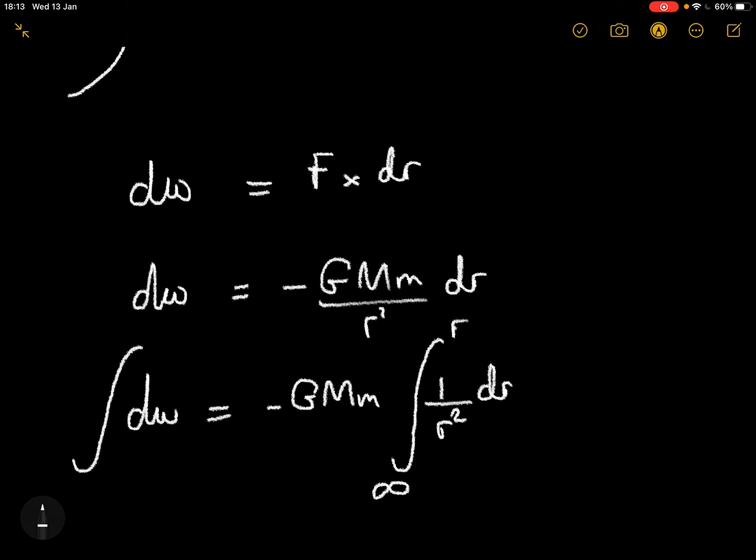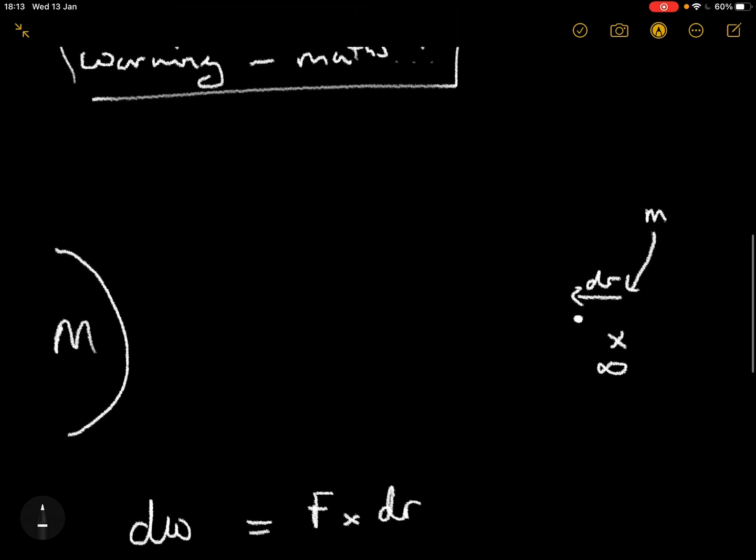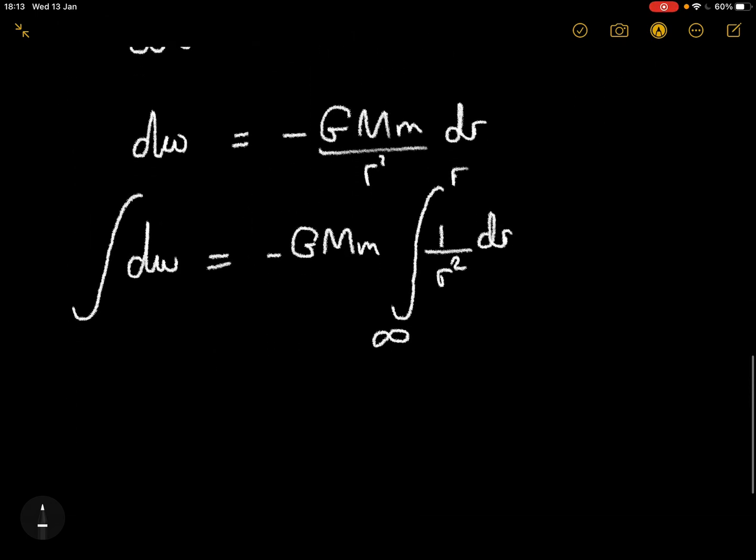Now, that distance r could be all the way back to the surface of the planet. Could be to here. Could be wherever we want to go. We're going to move from infinity to that distance r.